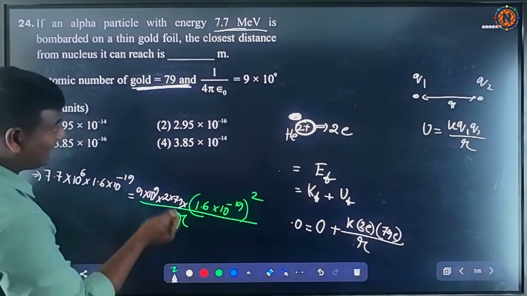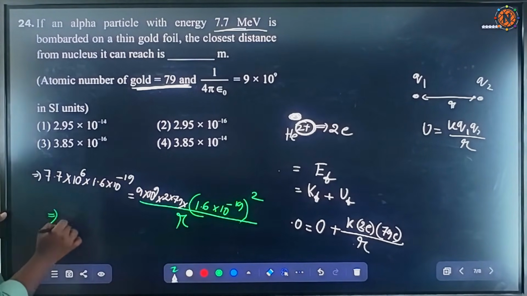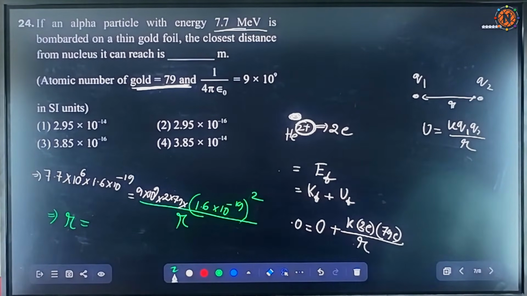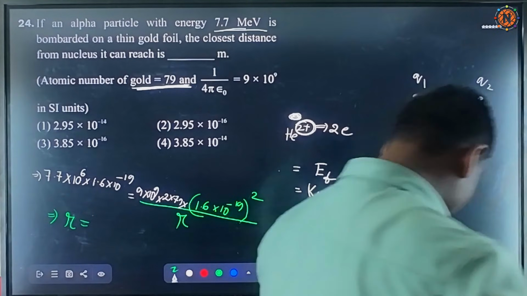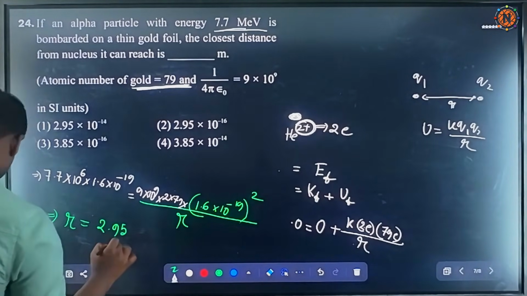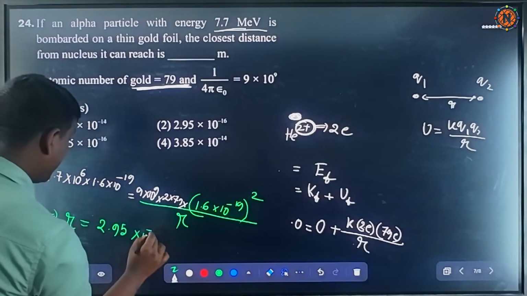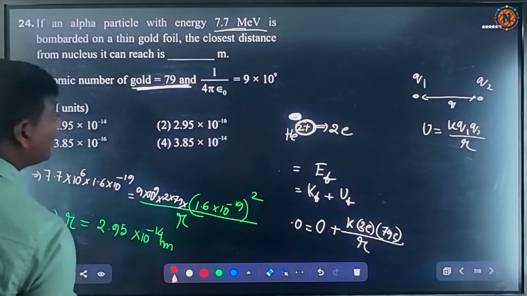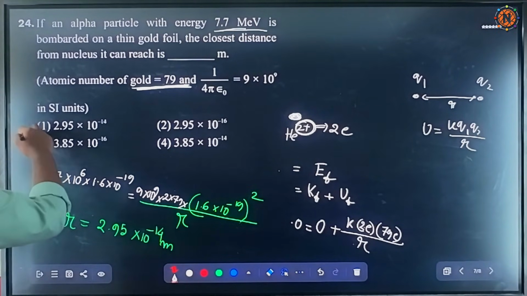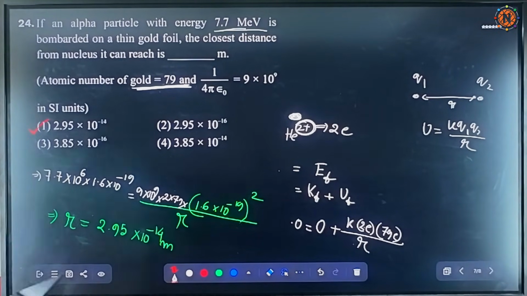We need to find r. Just calculate it and you will get 2.95 into 10 to the power minus 14 meter. This means option A is the correct answer.